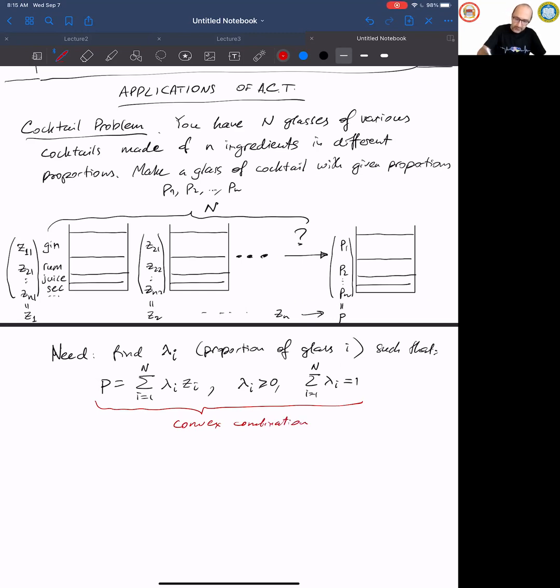So you want to express P as a convex combination of given vectors Zi. You're given vectors Zi, the existing cocktails. You're given a vector P, your preferred cocktail, and you would like to express it as a convex combination.